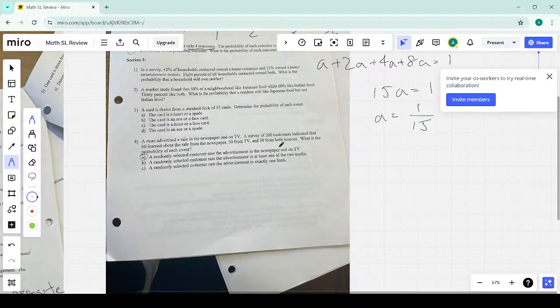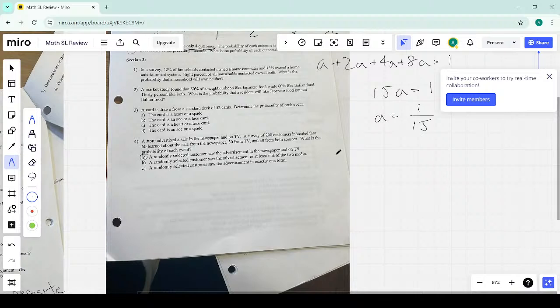A store advertised a sale in the newspaper and on TV. A survey of 200 customers indicated that 60 learned about the sale from the newspaper, 50 from TV, and 30 from both sources. What's the probability of each event?